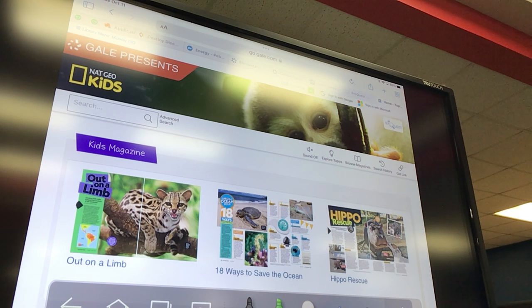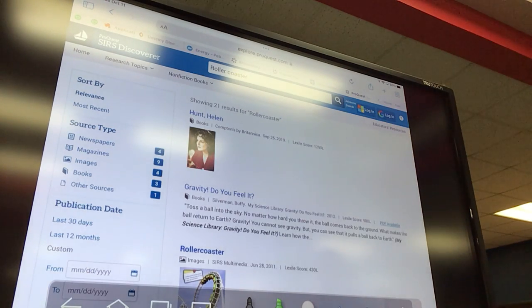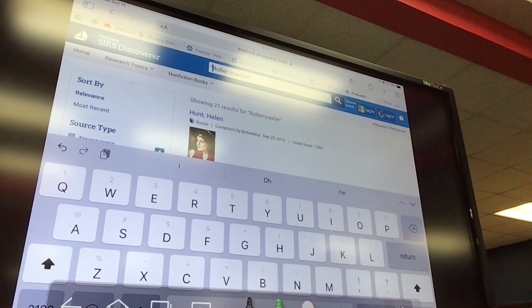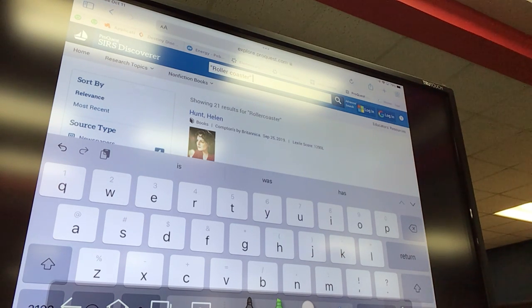How do you build them? Okay. So go back to this one. So I could say roller coaster. And this one, which Boolean operator would I want? Would I want not, and, or for how they're built?